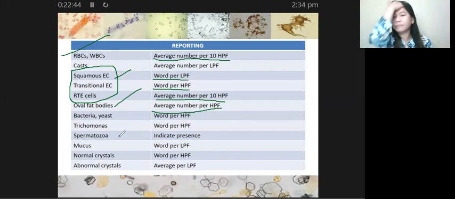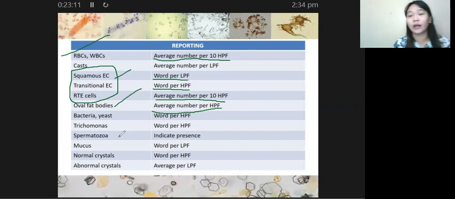Okay? Actually, lagyan ninyo ng asterisk yung spermatozoa na yan kasi it is dependent upon the policies of the institution. So like for example, in UBCL, hindi namin nire-report ang spermatozoa, particularly kung hindi naman minor yung patient. Okay? So hindi siya minor, meaning 18 years old and above ang kanyang age. Okay?